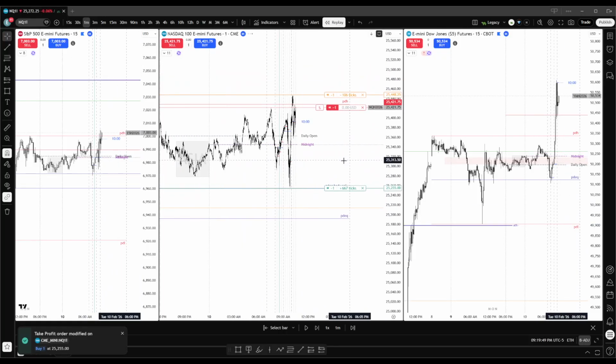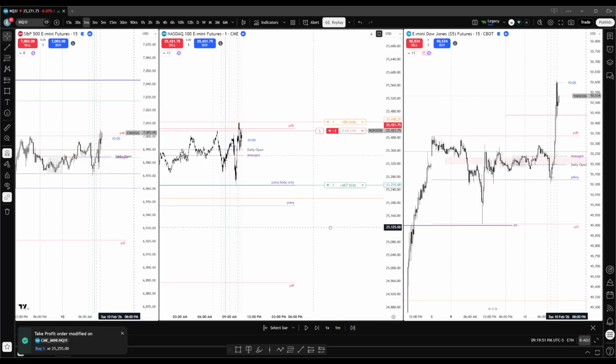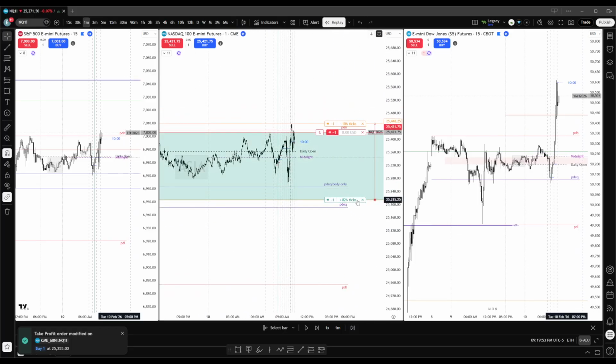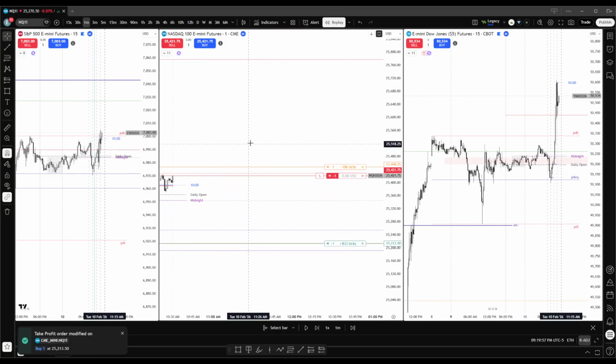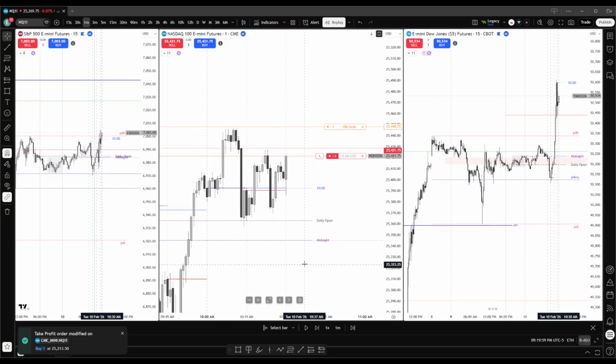And you guys can't see this, but this yellow line is EQ of the weekly order block. Okay, so 30 is opening high.